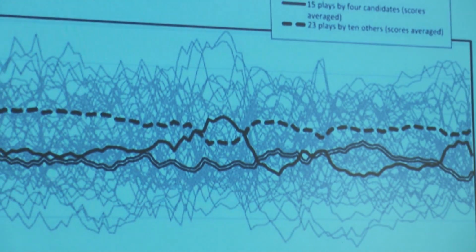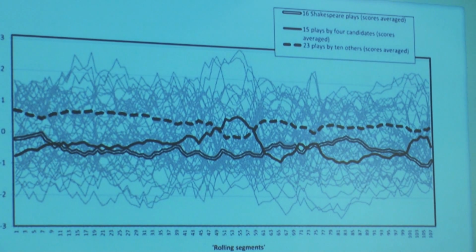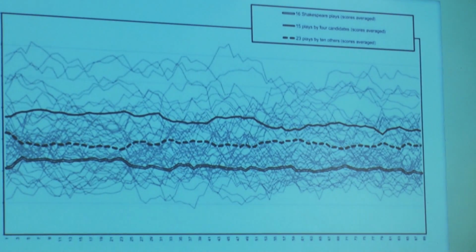All you need to know about this is that the lines for Shakespeare and for the 4 candidates crisscross, and they see that as indicative of a multi-author play. And you can compare this with the graph for Twelfth Night, doing the same thing. The lines do not cross each other, which they say represents a typical outcome for a single author play.